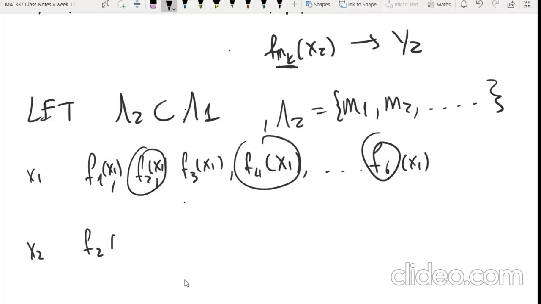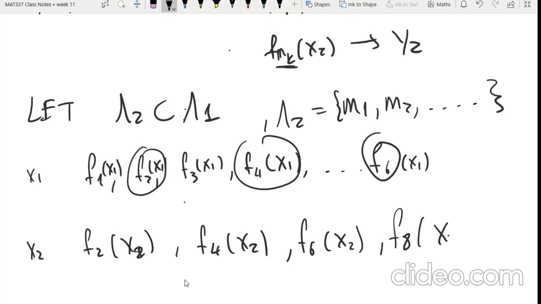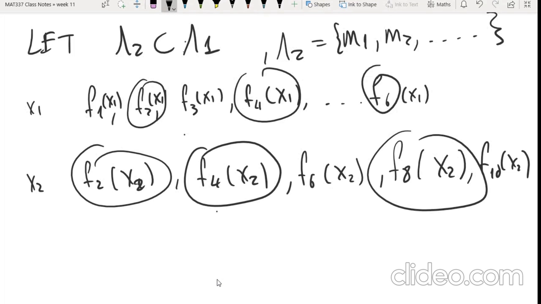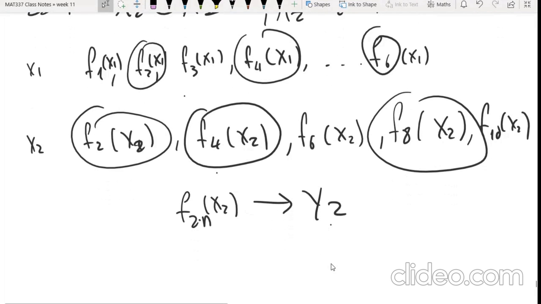For x2, we started again with f2 at x2, f4 at x2, f6 at x2, f8 at x2, and so on. And then from here, let me do one more, f10, let's say we pick powers of 2. So this guy, and this guy. And we have f of 2 times n at x2 goes to y2, right? So we're still using the same sequence.